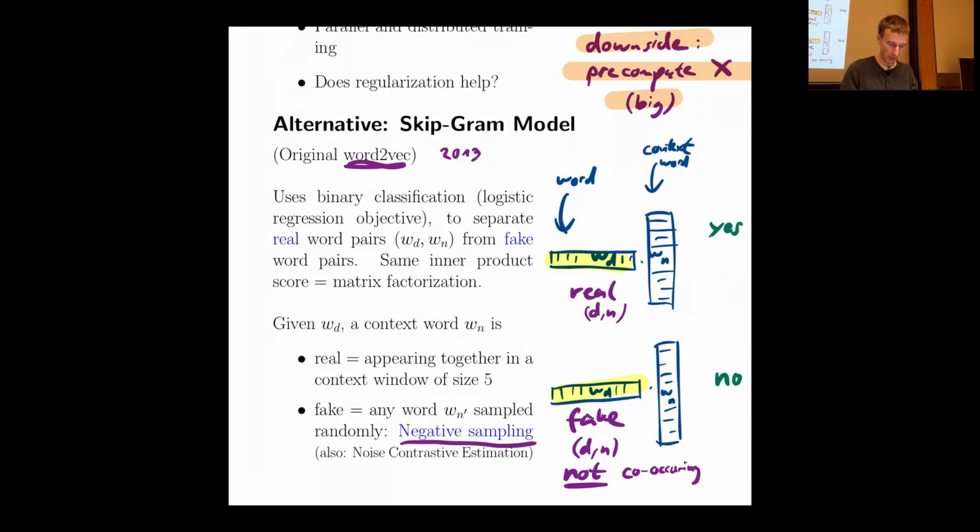We see it truly next to the other word N, and then we do not see it next to this other fake word, which is the negative sample. So maybe I will call this N prime, to make clear that this is a different one, a fake word. So N and D are together, and N prime and D are not.